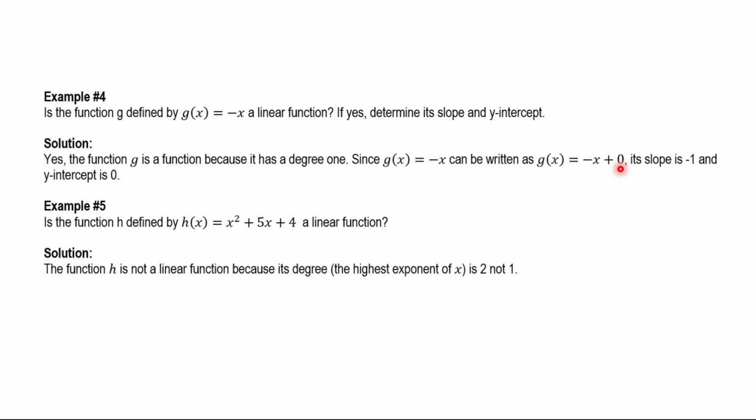So that is our y-intercept. Example number 5. Is the function h defined by h of x equals x squared plus 5x plus 4 a linear function? Our solution: it is not a linear function because its degree is 2, not 1, as you can see.